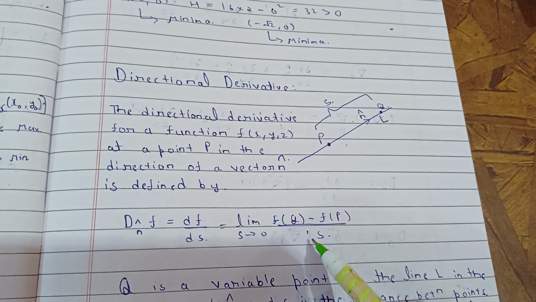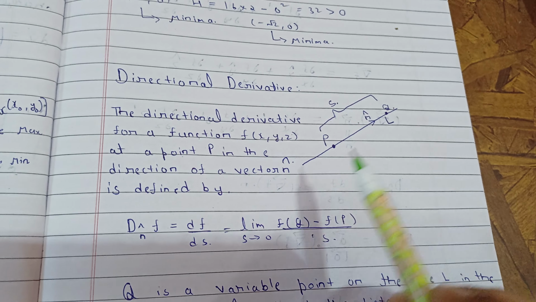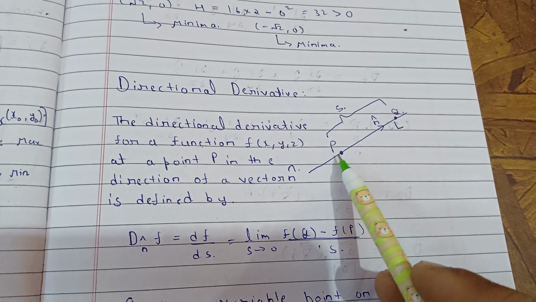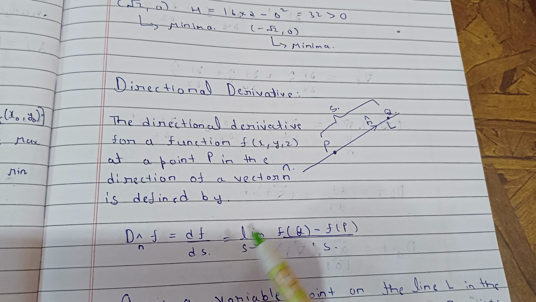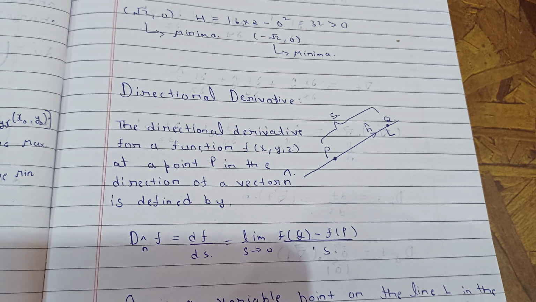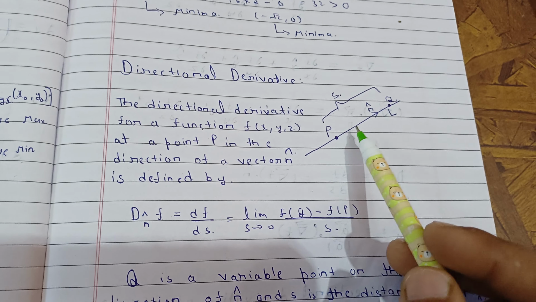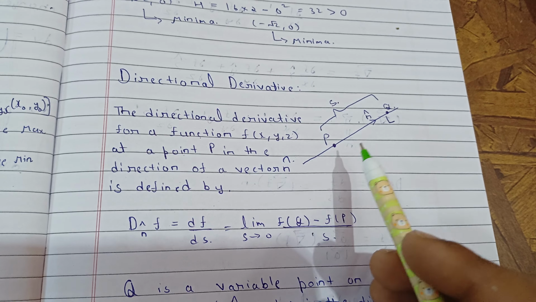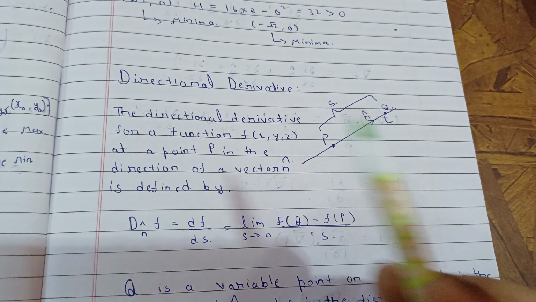Then f(Q) minus f(P) divided by s is called the directional derivative. Remember the basic definition: how your function is changing in a particular direction is called a directional derivative. We take a very small distance so that we can check the change in this direction. Your function can be in any direction, but you find the change in the function in a particular direction.